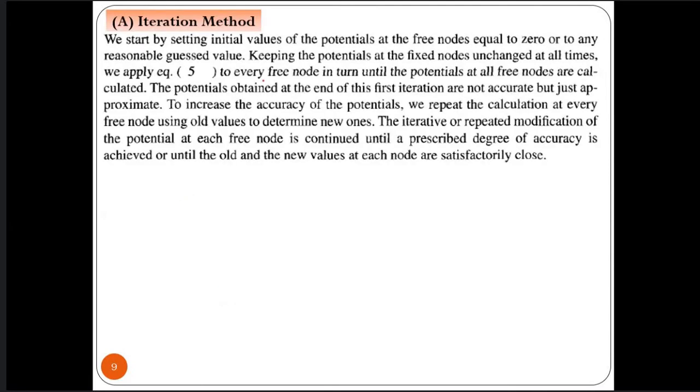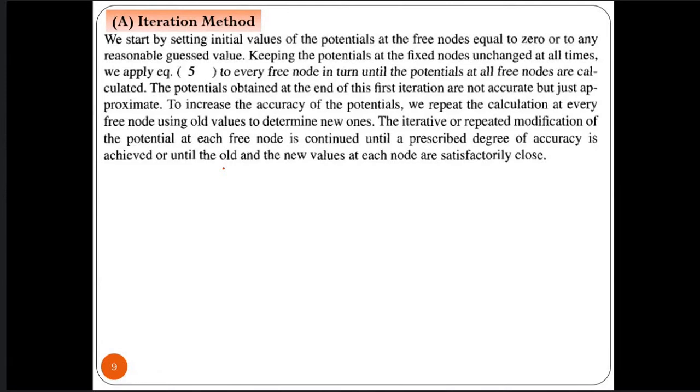That is mentioned in this particular paragraph. Basically, you start with some initial value, then you find out the potential of all the free nodes, but the corresponding values are not the actual ones. To improve the accuracy of approximation, you have to go to the second iteration step, and in the second iteration step, you apply the potentials of the first step.